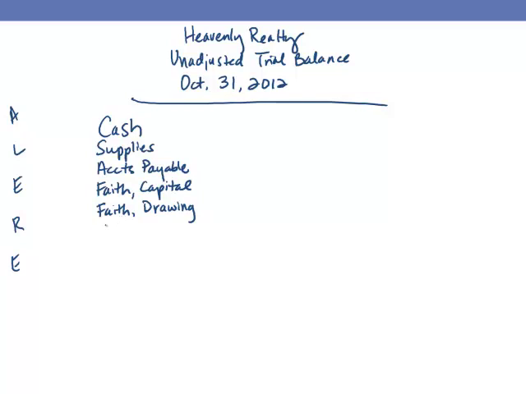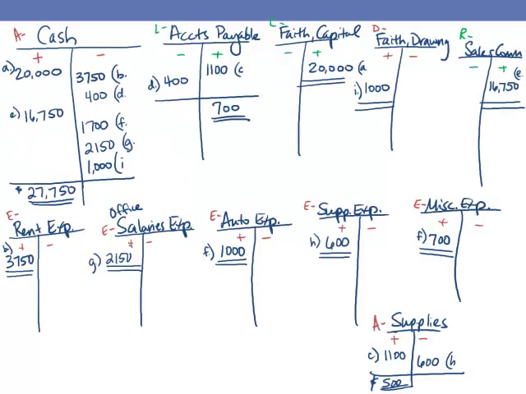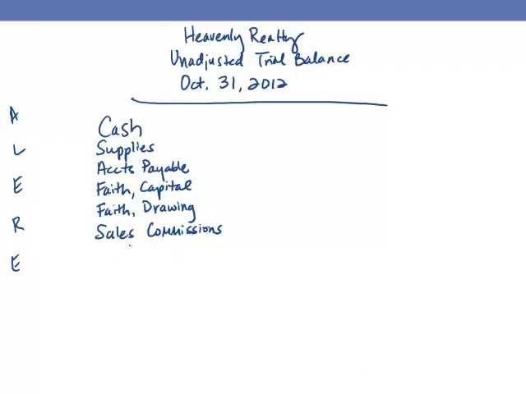Then the revenue account is sales commissions. Then we have our expenses. And we're going to list those largest to smallest, with miscellaneous being last. So our largest expense is rent, then salaries, then auto, then supplies, then miscellaneous.